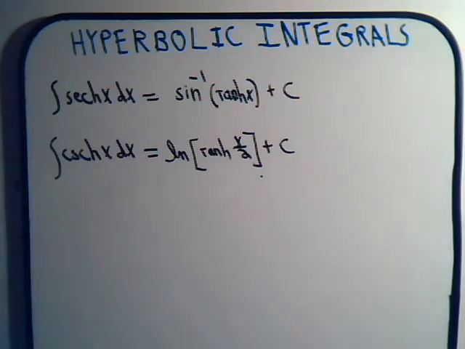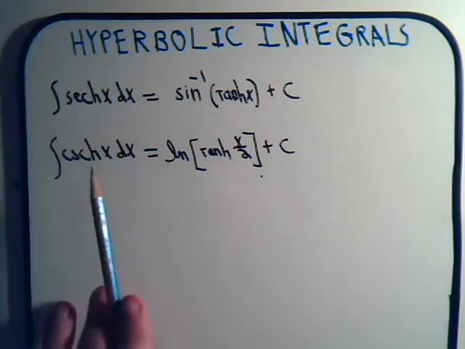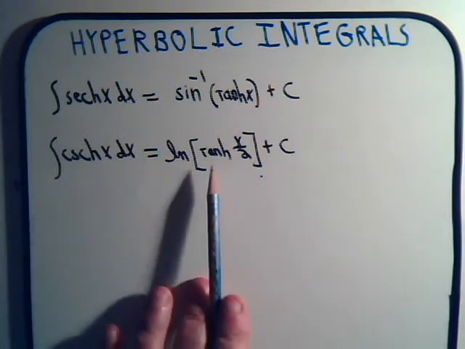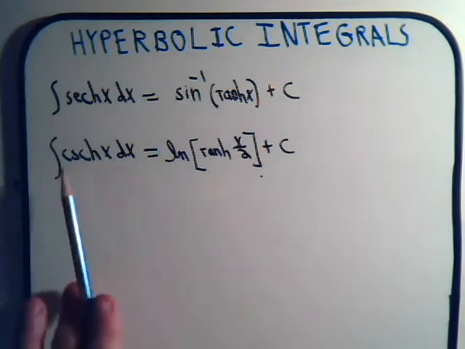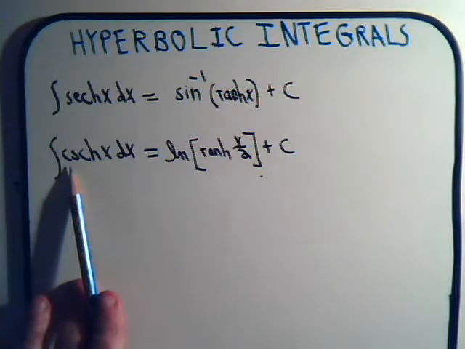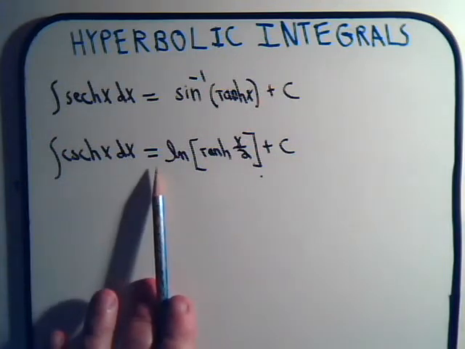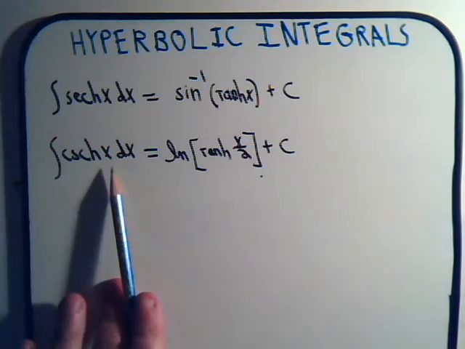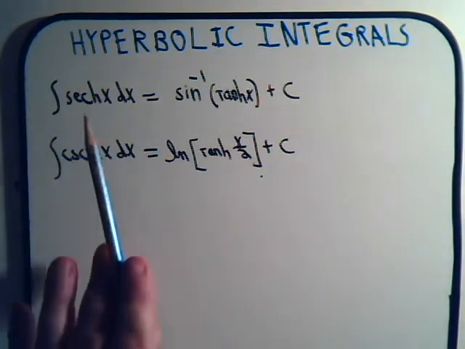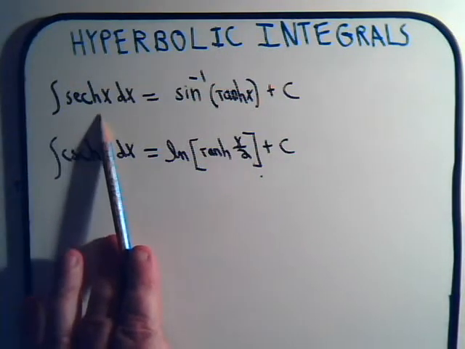Okay, in the last video, we had derived this answer here for a solution to the integral of the hyperbolic cosecant of x. And it took us a couple of videos to get there, but we eventually got this answer. And a couple of videos ago, we had derived this as an answer to the hyperbolic secant of x.